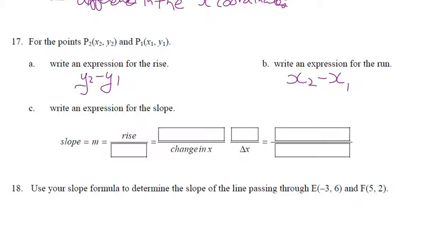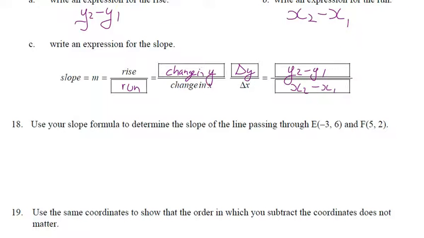M equals rise over run, which is the change in y over the change in x. So slope is defined as rise over run, or delta y over delta x, which is y2 minus y1 over x2 minus x1. And that's the slope formula.